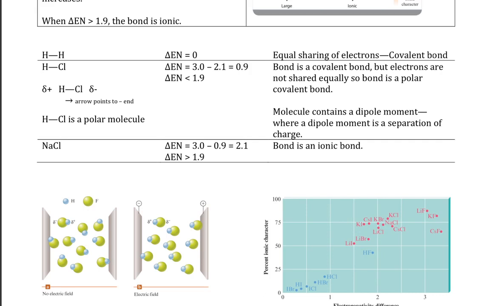Looking at the diagram on the bottom left, we have the molecule HF, which is very much like HCl in being a polar molecule. The fluorine has the partial minus charge, the hydrogen the partial plus charge. Now, if we have in our diagram the hydrogen represented by blue, the fluorine by green, if we have no electric field there, then the molecules are just randomly oriented.